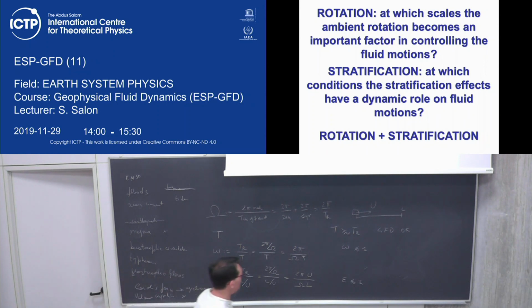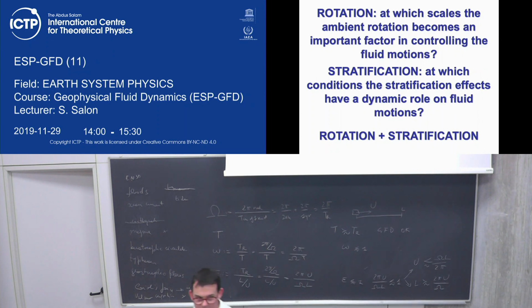So the scales will be that when this is smaller than 1, we can solve this and say 2 pi u over omega L smaller or of order 1, which means u smaller than omega L over 2 pi, or L larger than 2 pi u over omega.